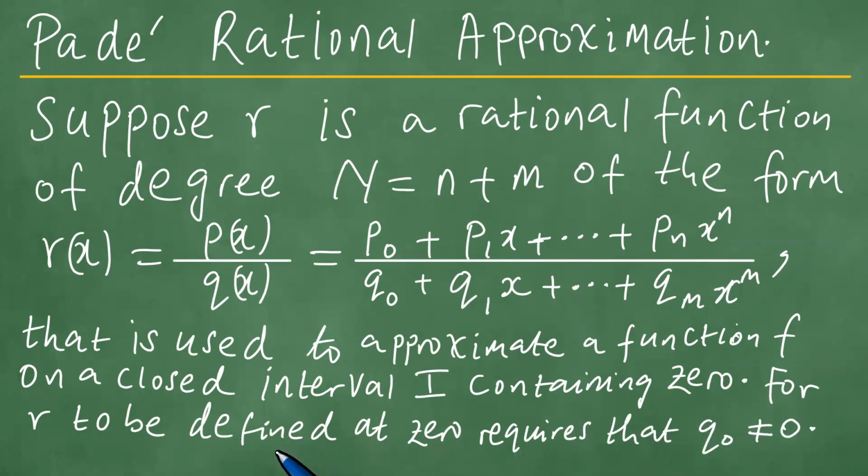For R to be defined at 0 requires that this constant be non-zero.